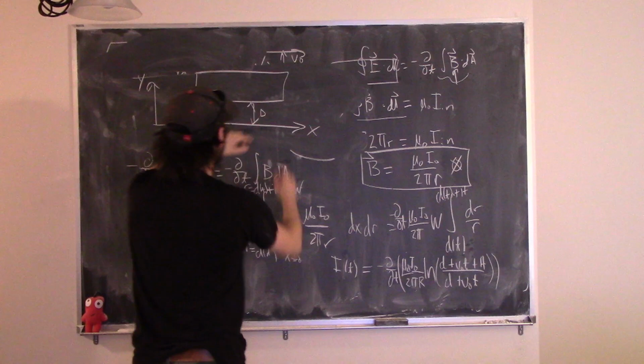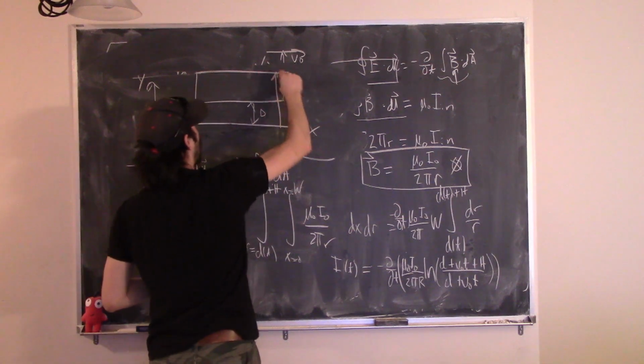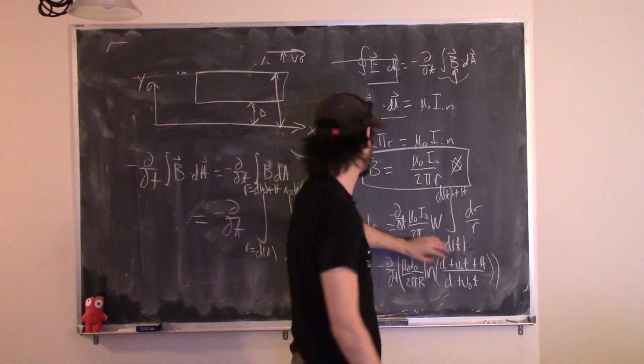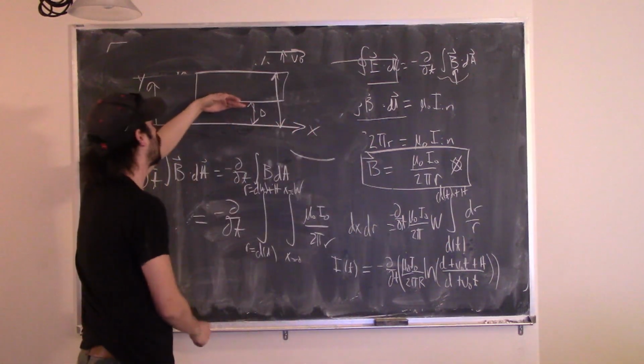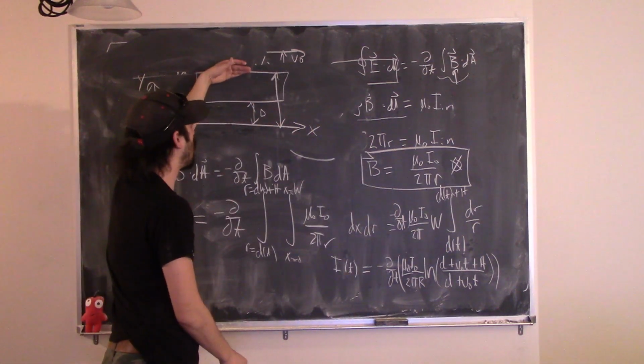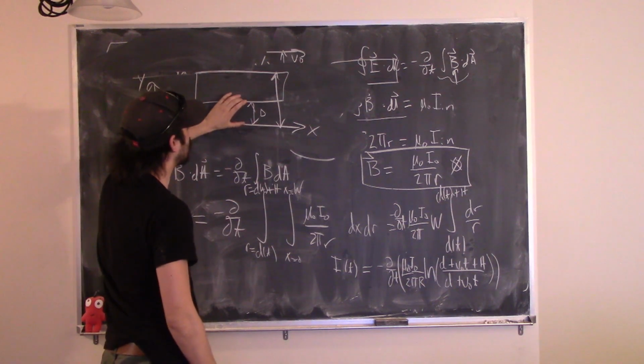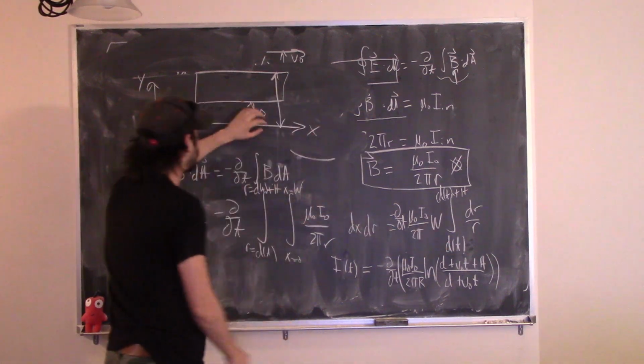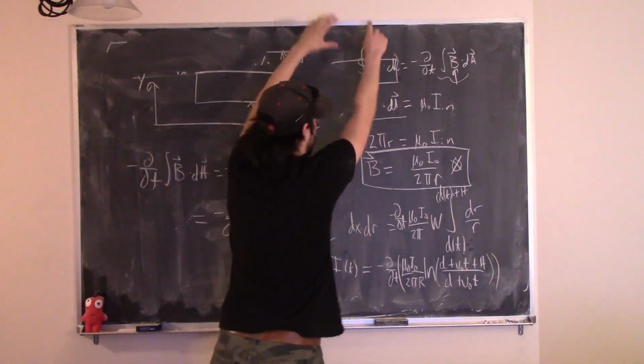So then you can ask yourself, well, how far up does this go to? Because that's really what the limits of integration are telling you. Where does this loop start in y? Where does it end in y? And where it starts in y is going to be d, or more specifically, d as a function of time, because it's going to move as time goes on.